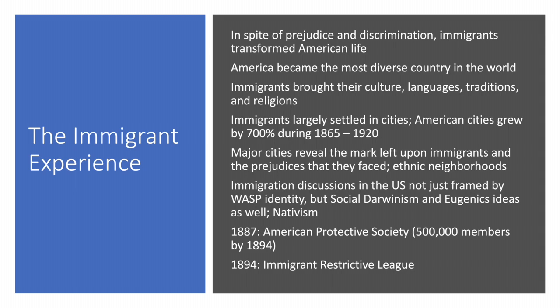And they were groups that were openly prejudicial. They argued that America was being destroyed by immigrants because immigrants weren't fit to be here. They were using ideas of WASP and social Darwinism and eugenics to argue against immigrants. They are inherently prejudicial, racist groups.